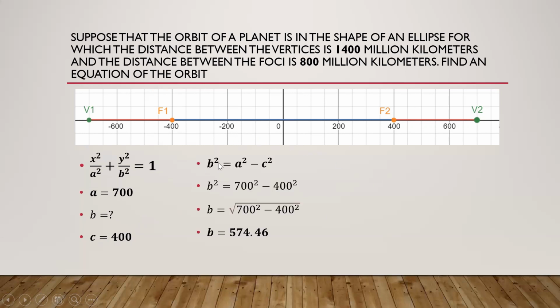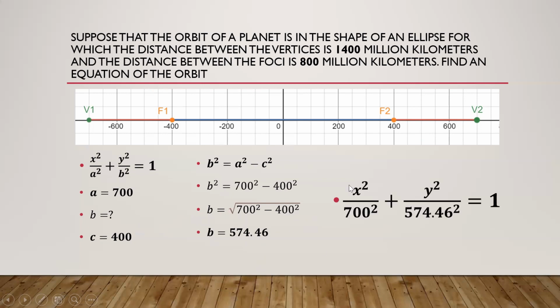So to find b, it is simply b equals the square root of 700 squared minus 400 squared. So again, our a is 700 and our c is 400. So if you compute that, we get 574.46.